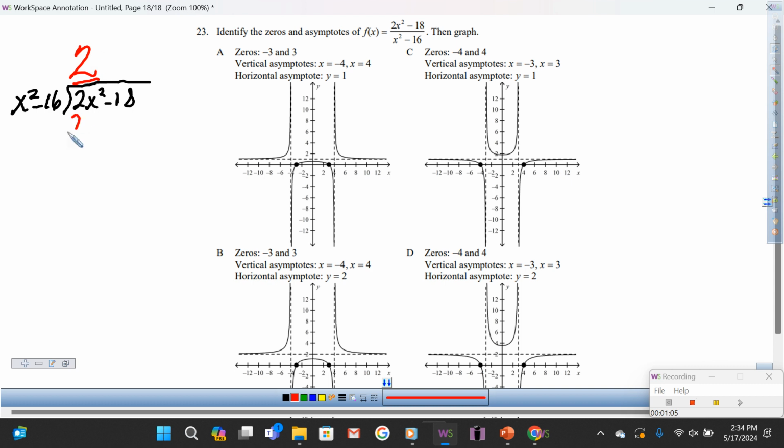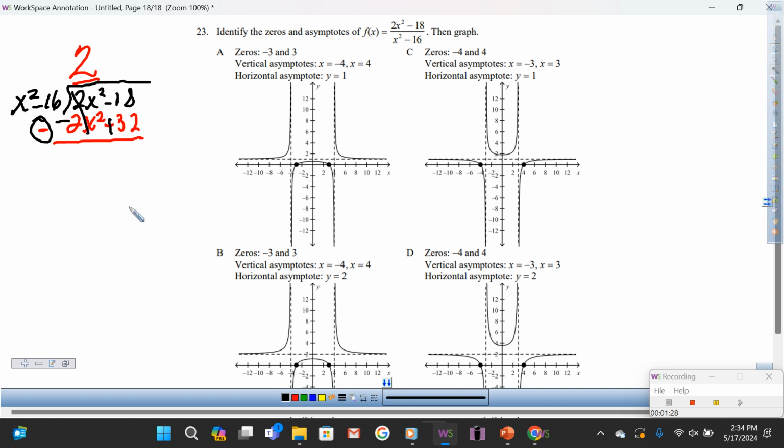So 2 times x squared is 2x squared, and 2 times negative 16 is negative 32. Let's subtract. Don't forget to do this: when you put the subtraction, circle it to remind yourself to distribute here and here. Some of you keep forgetting to distribute all the way, and that's where you start making mistakes.